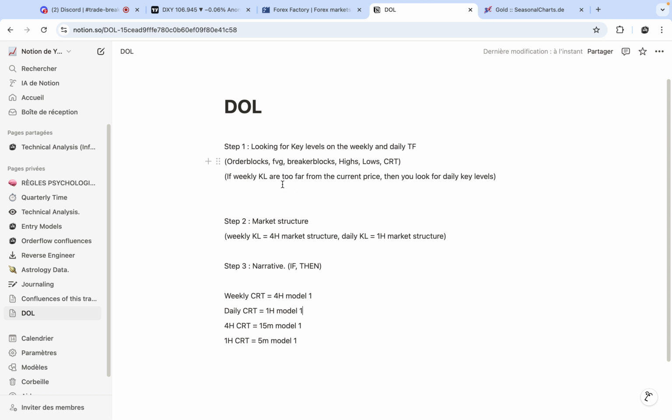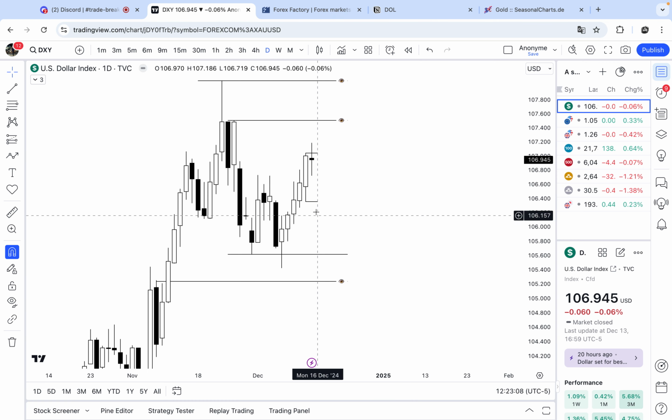Step one, I did it. Step two, market structure, I did it. We are bullish on the DXY. We are bearish on GU and Euro. So it's great, right? My narrative is 100% perfect for next week. If price goes here on this order block, also look at this order block.